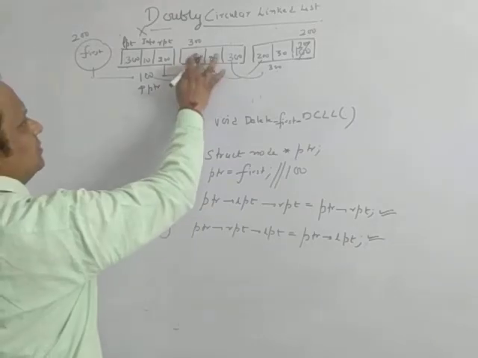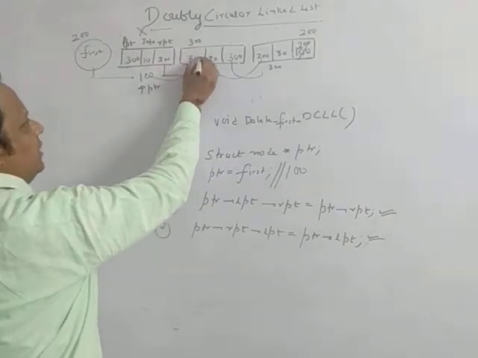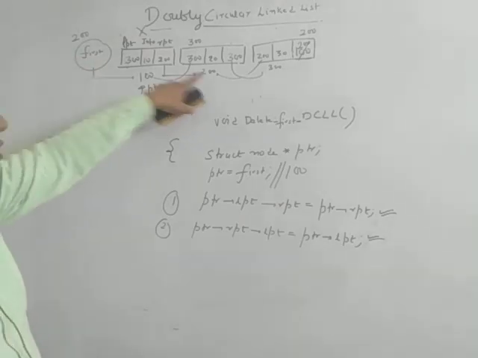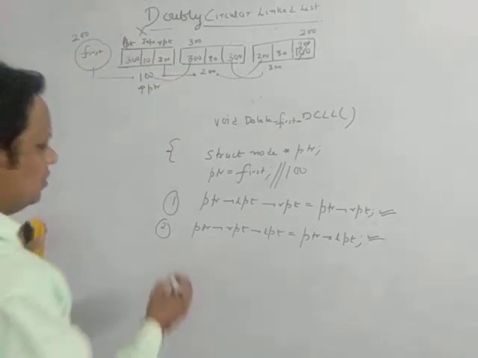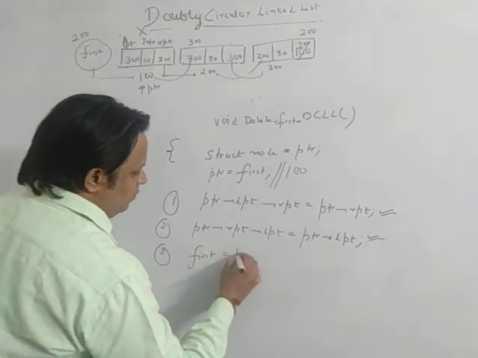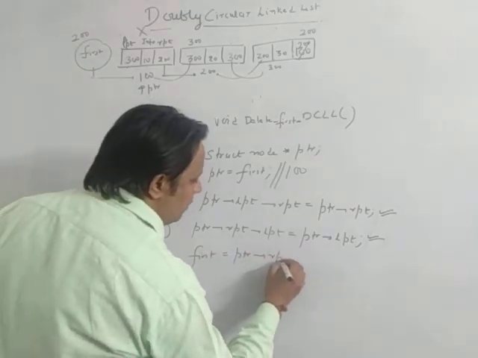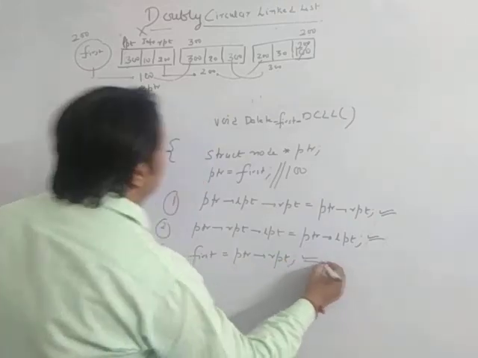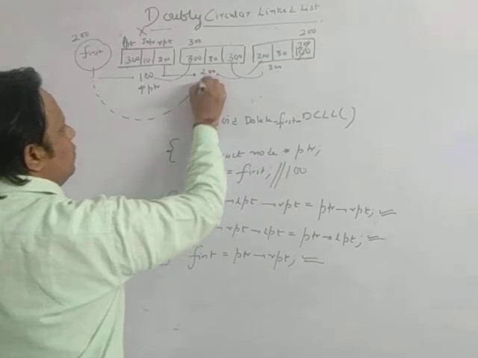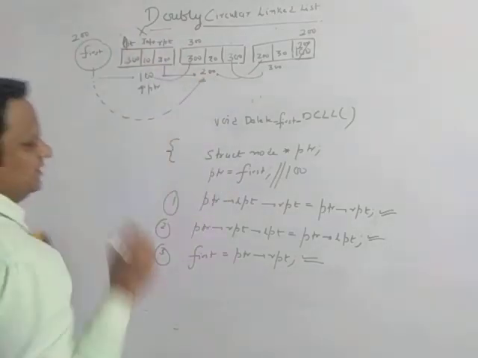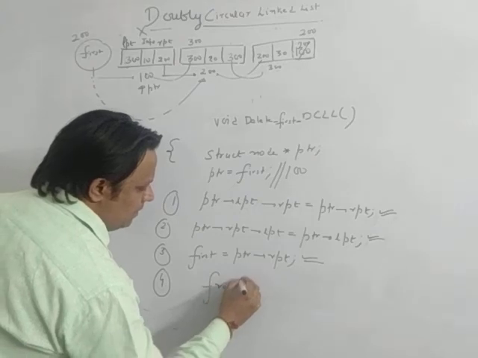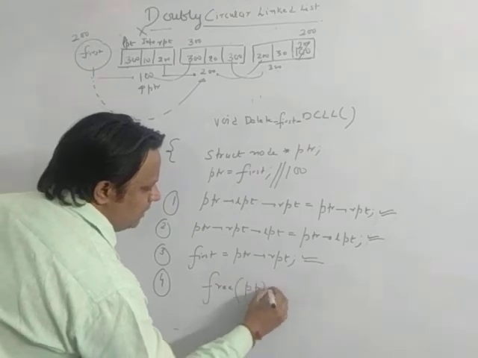So here comes your 300. Now I want the first pointer to point to my first node. If I delete this, this is my first node. So I want first is equal to PTR arrow RPT. This is also done. Now my first is pointing to 200. Now you can free this. Fourth step, you free PTR.